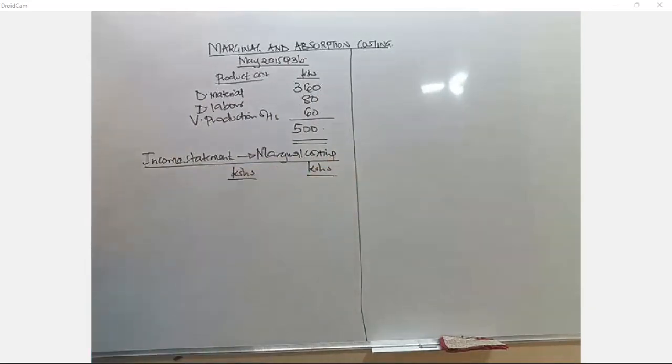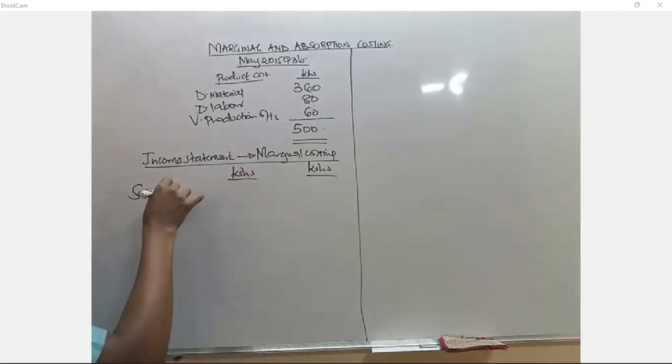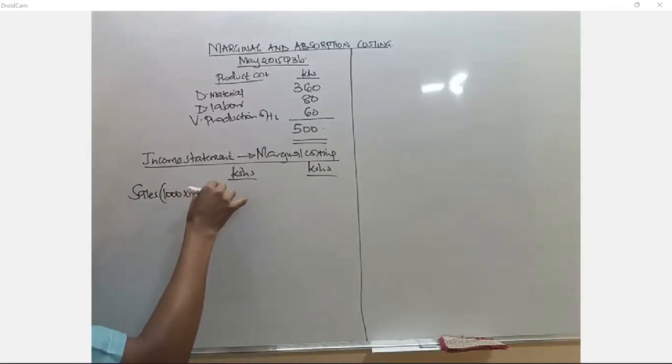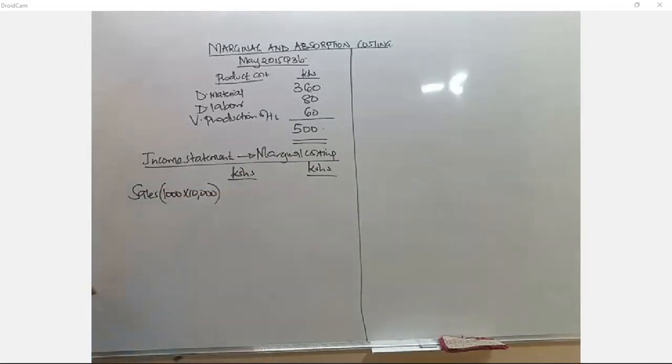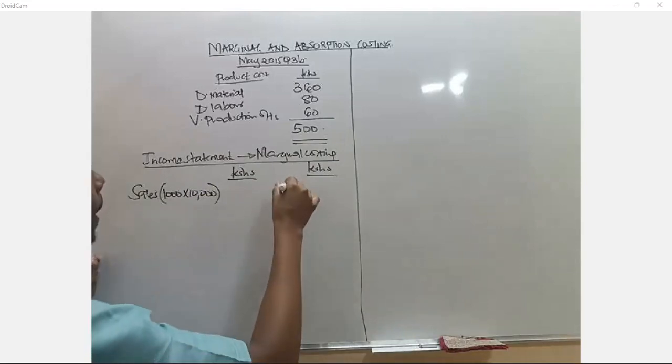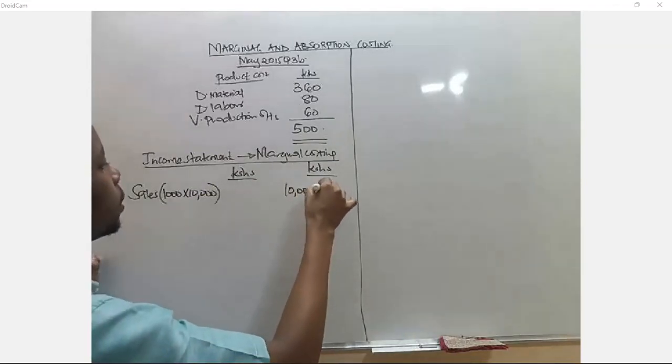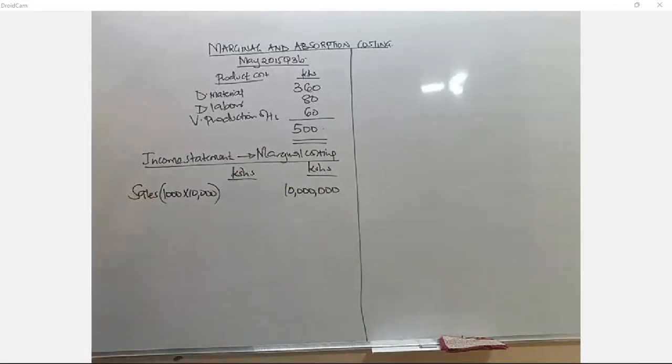Then we start with our sales. We are told 1 unit is sold at 1,000, and we were able to sell 10,000 units as per the question. This equates to 10 million.